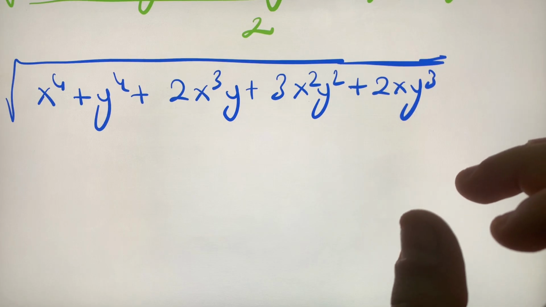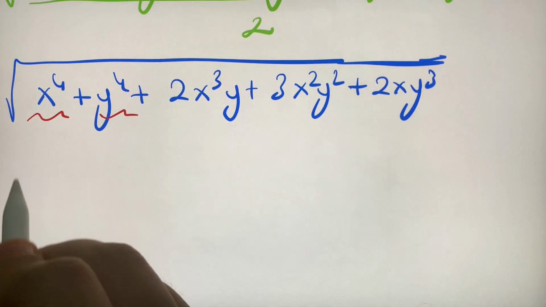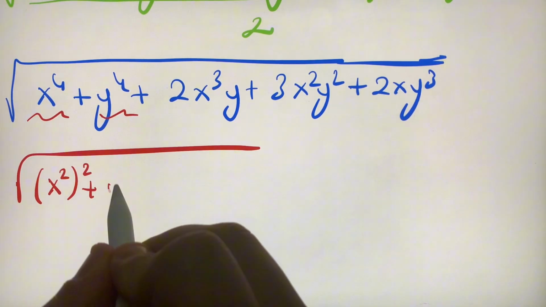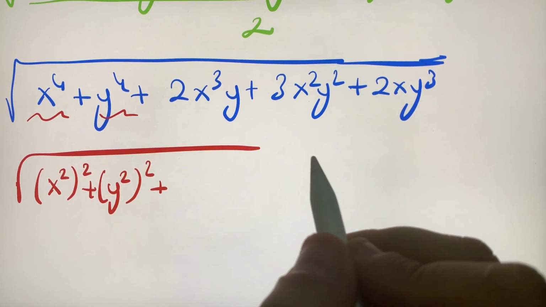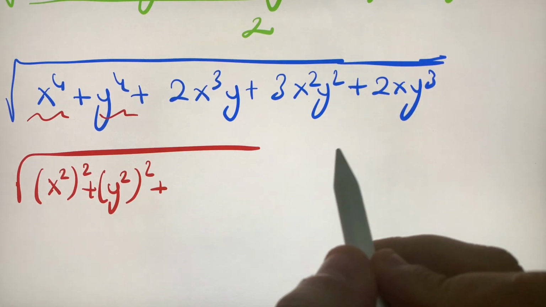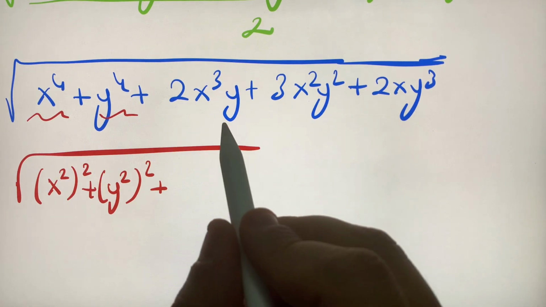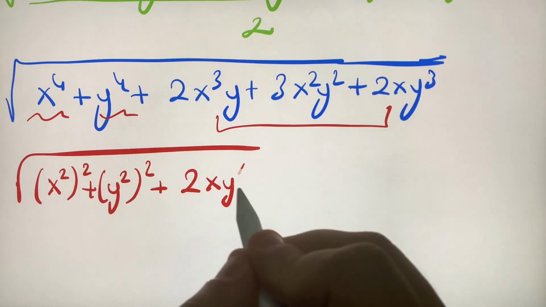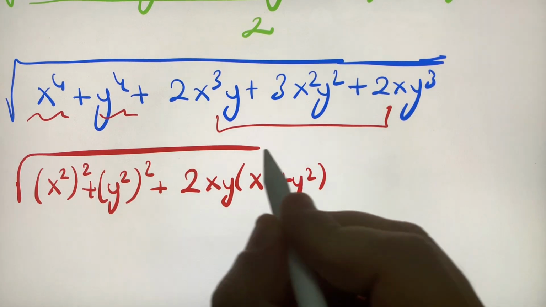Let's think a little. For example here, if I write x squared squared plus y squared squared plus, what else can I write when I look at these two terms? If I take 2xy as a common factor in brackets, x squared plus y squared.